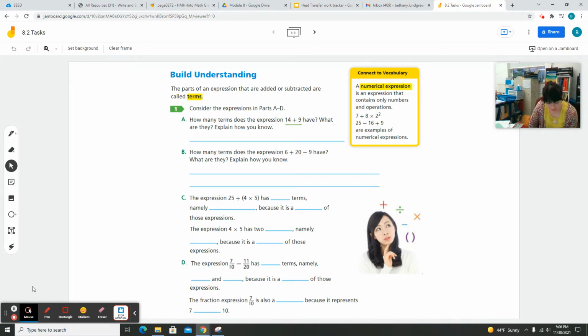So here we have one addition sign, so we're going to separate our expression into two terms. So we have two terms, and those terms are 14 and 9, okay? And we know this because there is an addition sign.